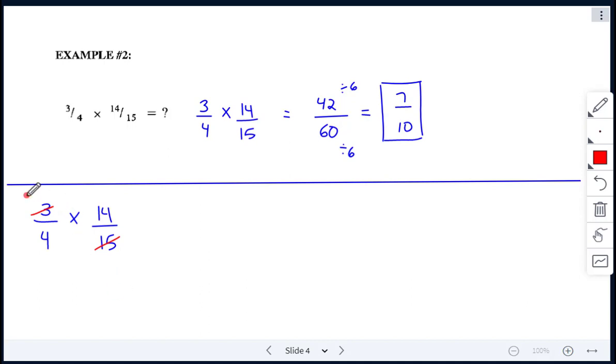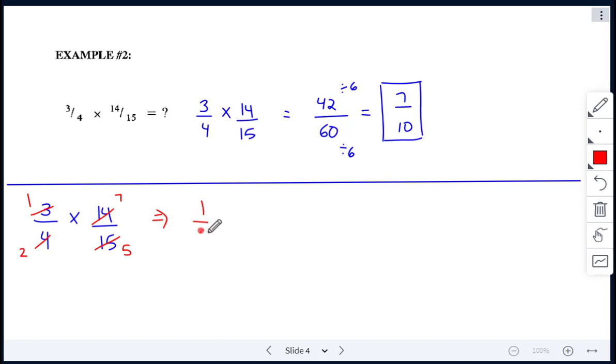So 3 divided by 3, that just gives me 1. 15 divided by 3, that gives me 5. And then 4 and 14, those can both be reduced as well by dividing by 2. 14 divided by 2 gives me 7, and 4 divided by 2 gives me 2. So now you can see what our new numbers will be for our fractions.